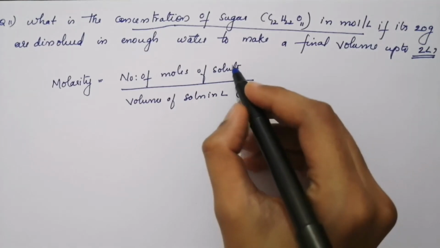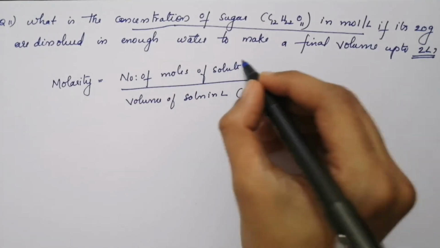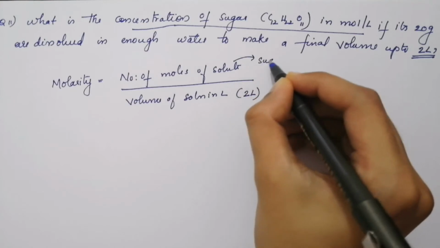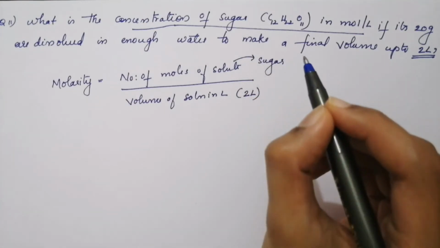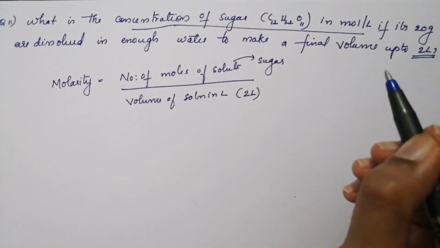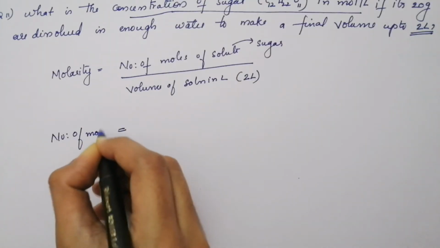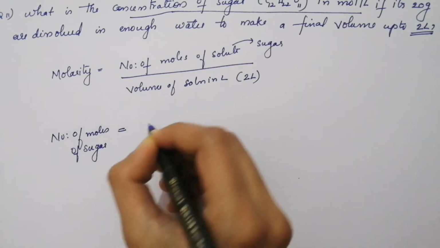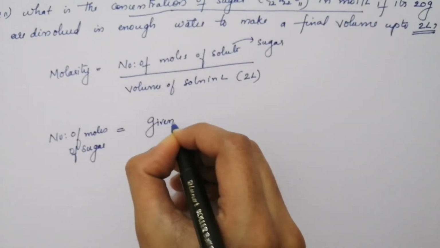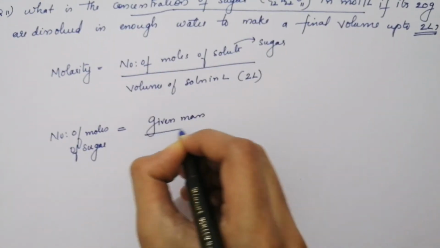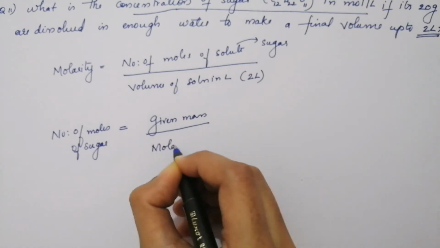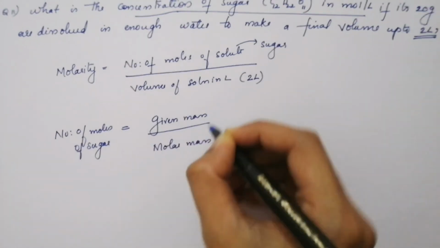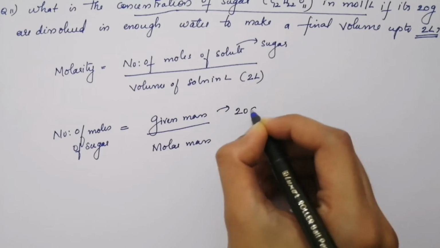Now we have to calculate the number of moles of solute. The solute here is sugar, that is we have to calculate the amount of sugar dissolved in the solution. The number of moles of solute, I'll write here as sugar, is given mass of sugar upon the molar mass of sugar. The given mass, which we know, is 20 gram.